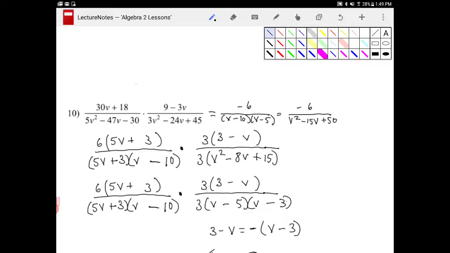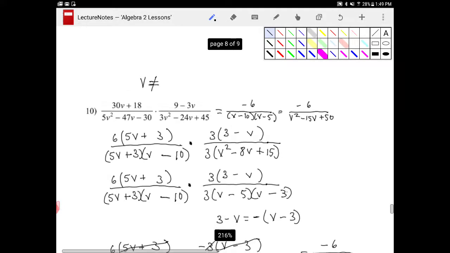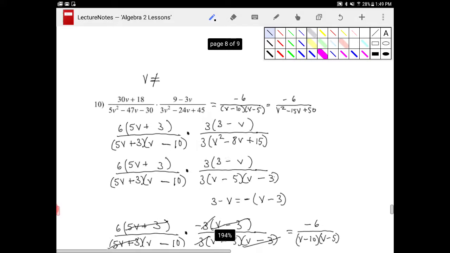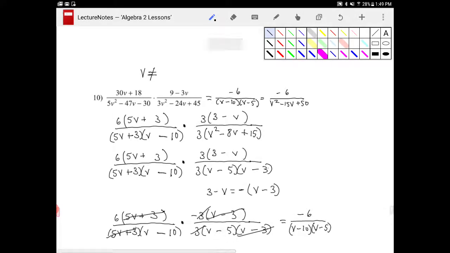Now finally, we have to state the values that v cannot equal. Looking at this, again, whatever happens on the left-hand side of the equation would suffice.